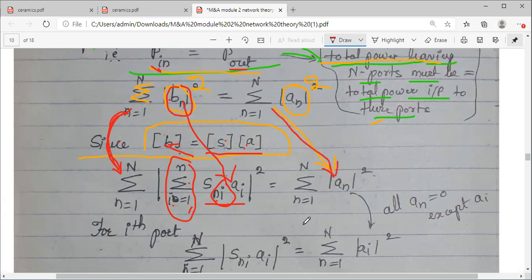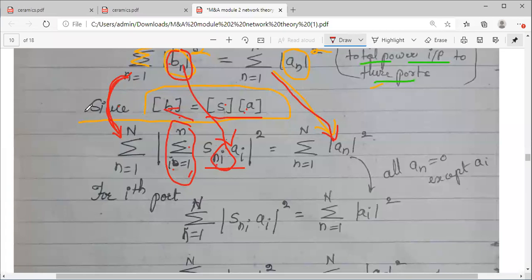In the next step, observe, if I take the ith port, the summation will go, because out of those multi ports, I want only the ith port. It can be 1, it can be 2, it can be 3, it can be any number, but I want a single port. Now I am very much specific. So summation outside I am keeping as it is. This summation will go, and instead of this summation, I am taking only one port.